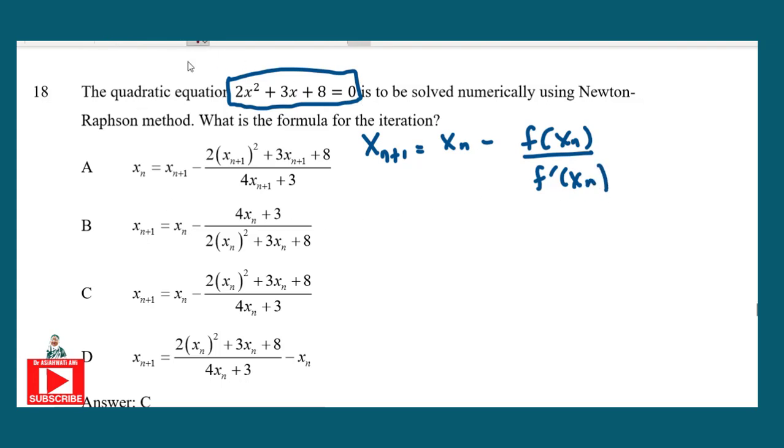So compare with the formula given. This is not the option. Maybe this one is not the option. And compare between these. Here is f(x_n).